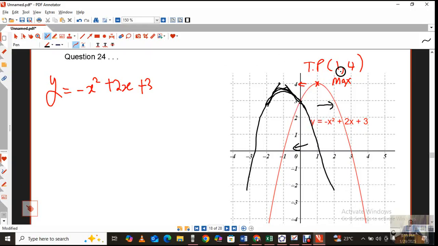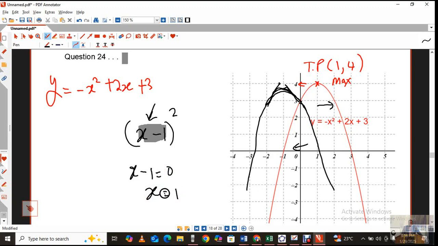What determines that is that x minus 1 all squared, the stuff inside here. How do you know? It will tell you that the graph has a translation to the right side. Because if you have x minus 1 and you let x minus 1 equal 0, then x equals 1. So it means the graph is translated once to the right side.